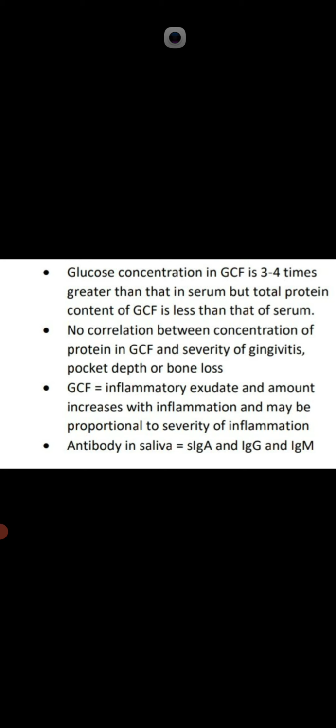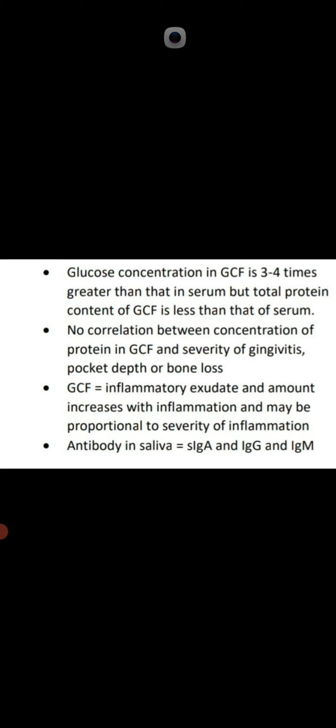But the total protein content of GCF is less than that of serum. It means the protein content in GCF is less than serum, but glucose concentration is 3 to 4 times greater. These values are very, very important. Next, there is no correlation between concentration of protein in GCF and severity of gingivitis, pocket depth or bone loss.